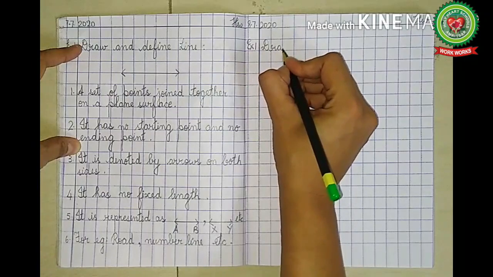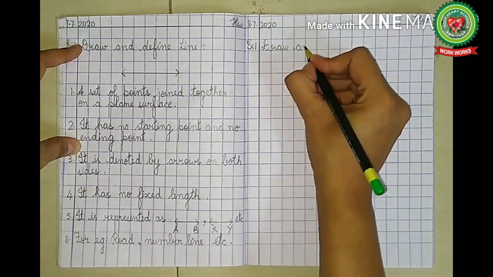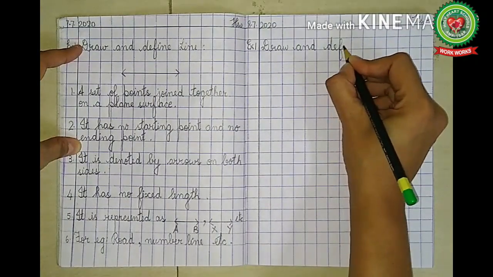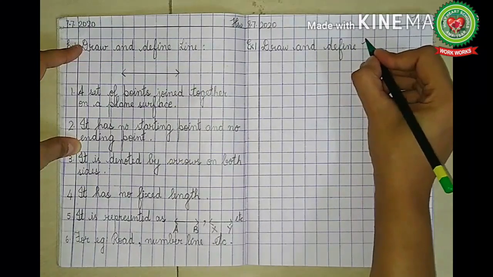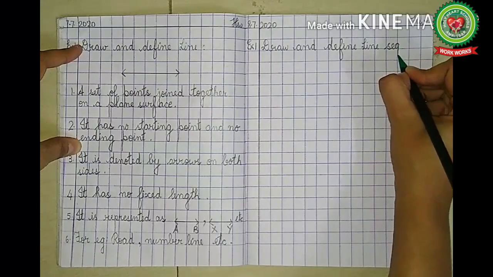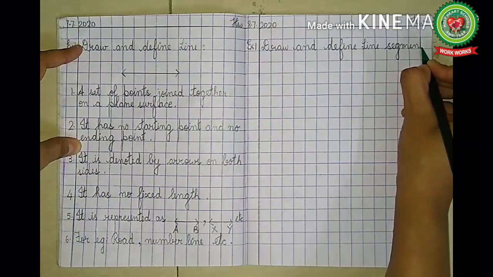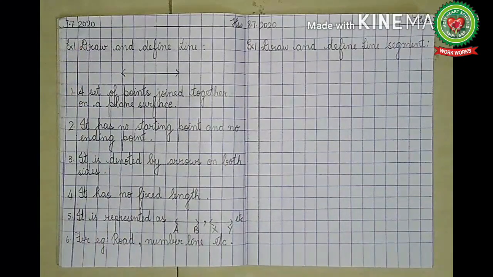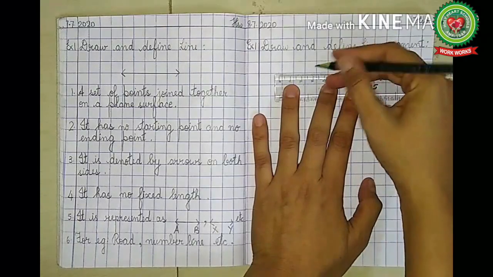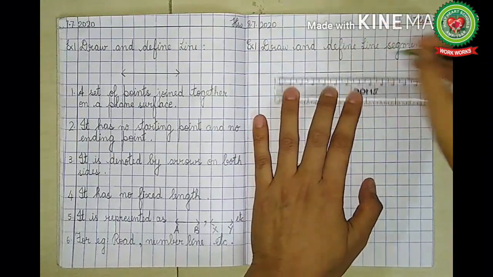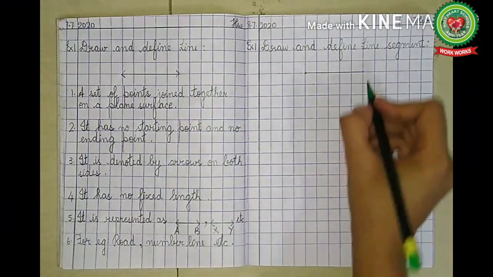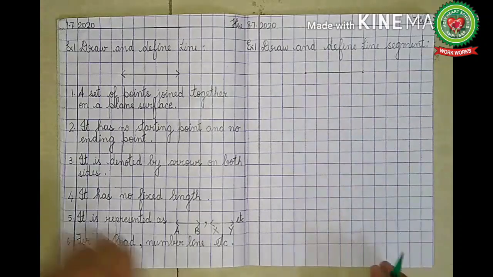Draw and define line segment. Now again leave one line and you will draw line segment like this. As we know, line segment, we will put 2 dots on each side.